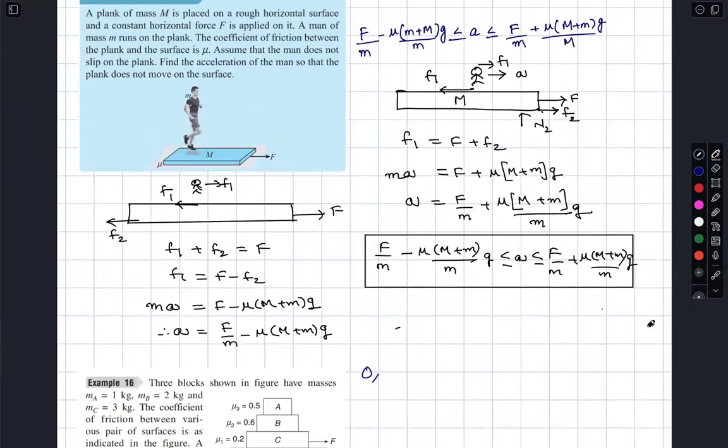F by M is also possible, when F1 is equal to capital F, it is possible.